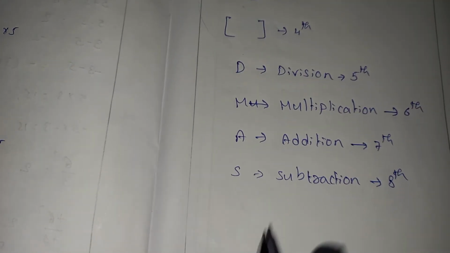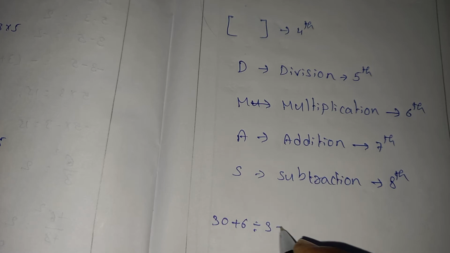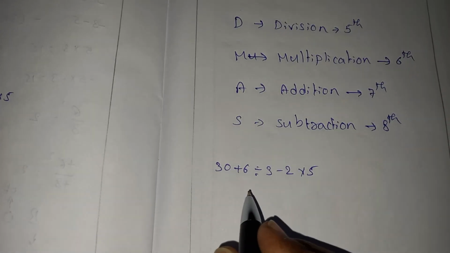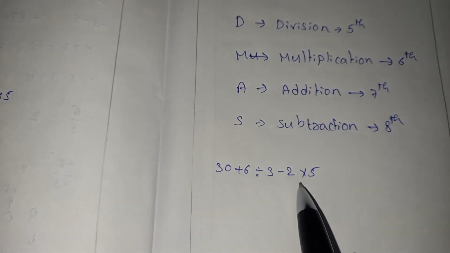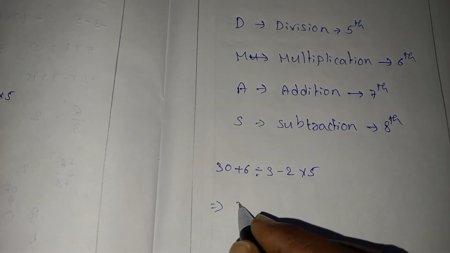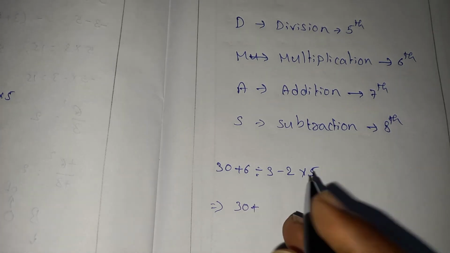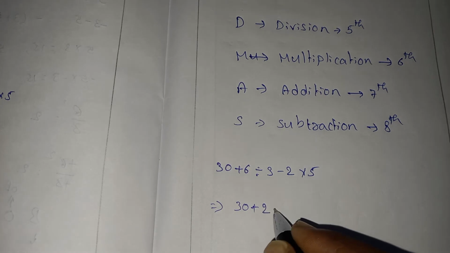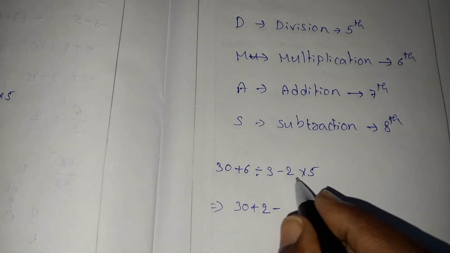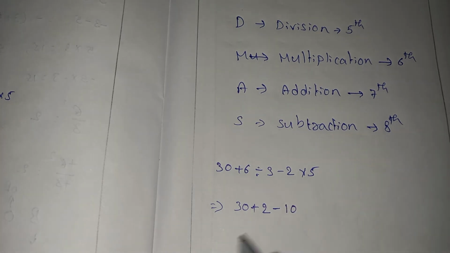Now, the same question I am going to do again. 30 plus 6 divided by 3 minus 2 into 5. What did they say? Division and multiplication have the first priority, right? So, 30 plus 6 divided by 3 means 2. 2 minus, multiplication also has the same priority, 5 2s are 10.